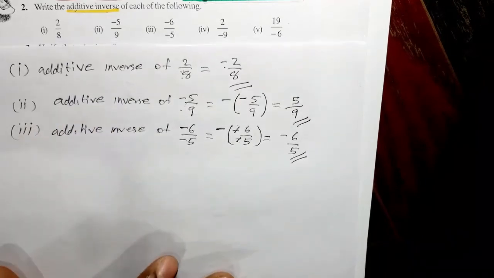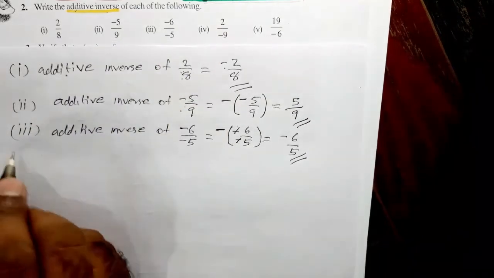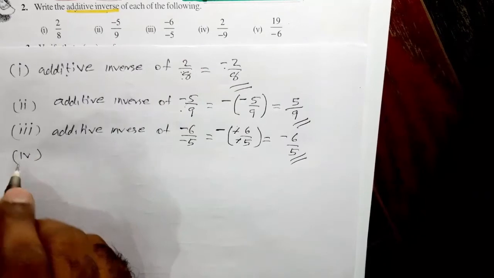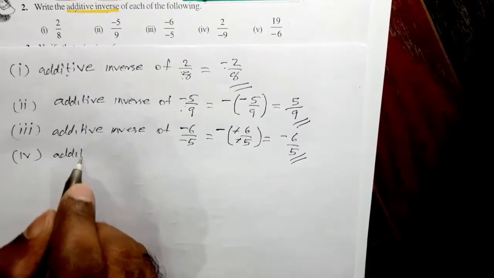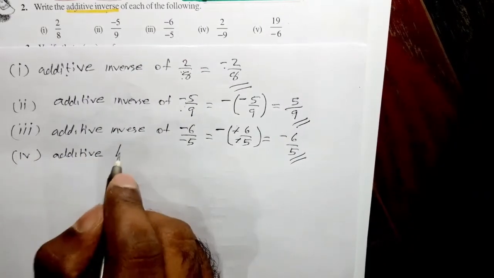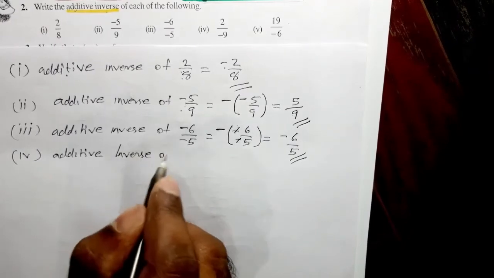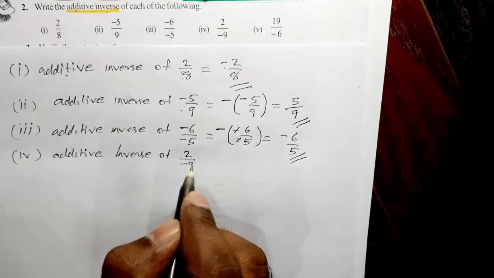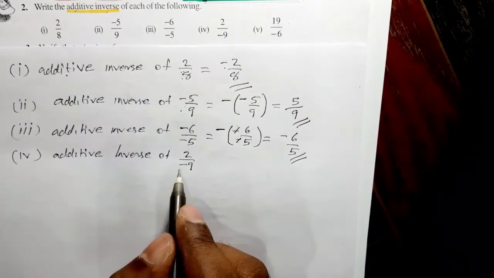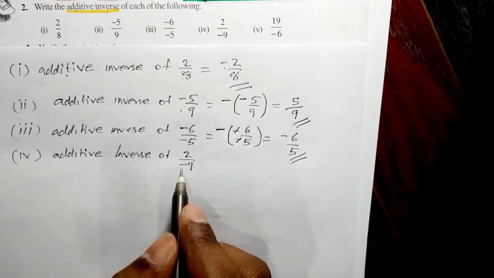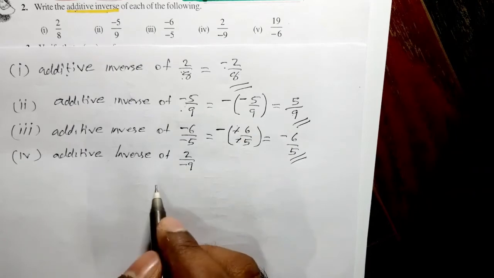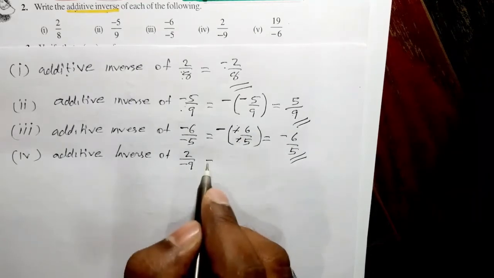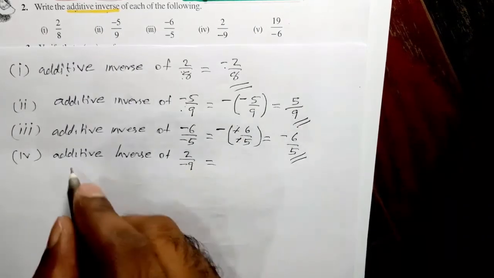Now our fourth question, 2 by minus 9. Additive inverse of 2 by minus 9. What is 2 by minus 9? In a fraction, if the negative symbol is in the denominator, even though we can mention it on the numerator, there is no issue. So how to find the additive inverse?